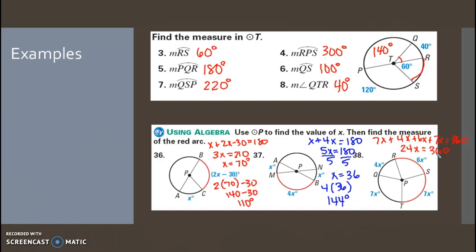And then 360 divided by 24 is 15. And then I want to know the red one, which is 6x plus 7x, which is 13x. So 13 times 15 is 195. So that one is 195 degrees.